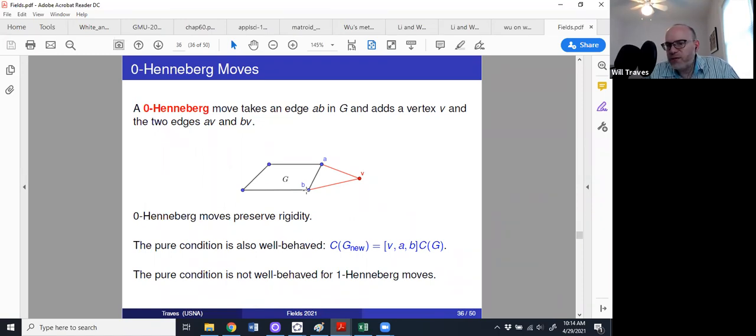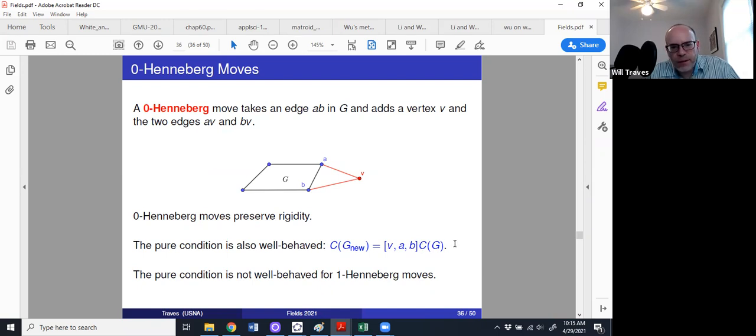Zero Henneberg moves preserve rigidity. And you might say, well, how does the pure condition change? It changes in a very nice way. It's just VAB for this triangle. So it just multiplies your pure condition by one extra bracket.